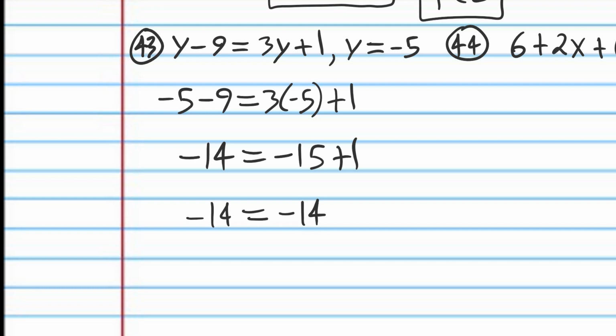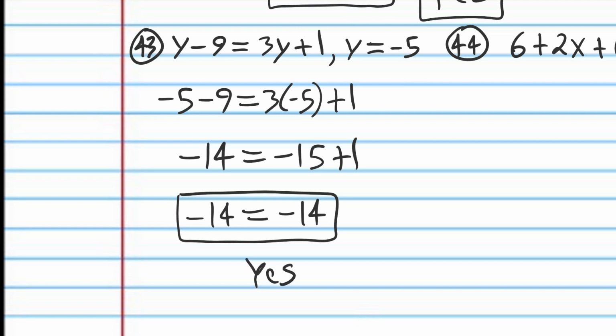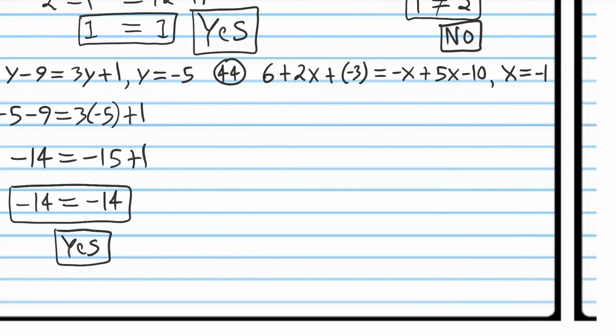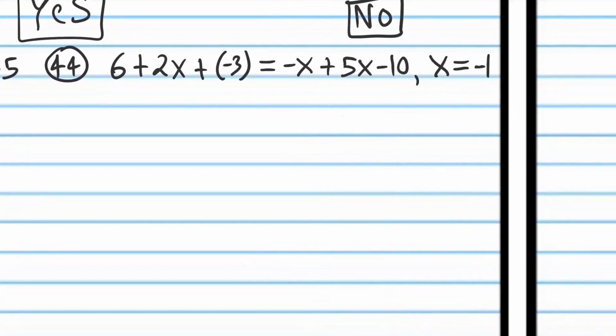Negative 14 is equal to negative 14. And the answer is yes. Y equals -5 is a solution. So if you said yes and -14 equals -14, good job. All right, try number 44. When you come back, we'll do it together.